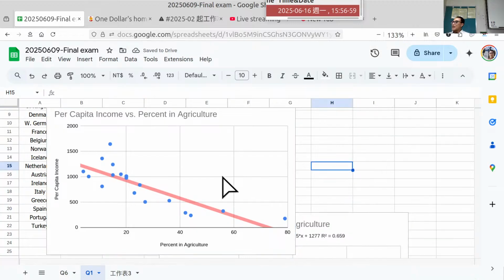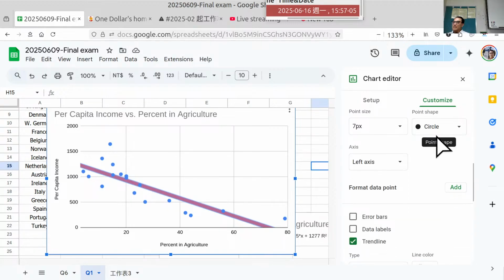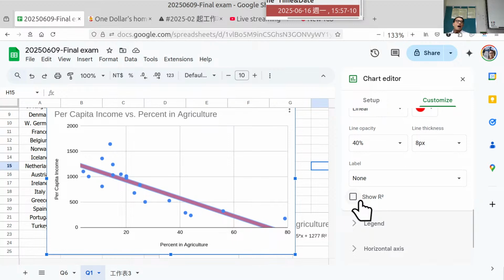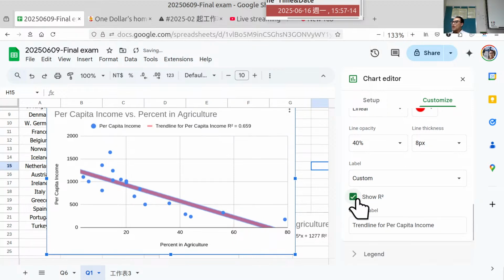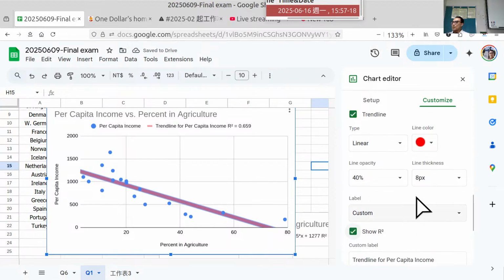Okay, and next, chart editor. Then show R square value. Check here. Show R square value. Okay, and next is the most difficult: how to get the formula or how to get the equation.